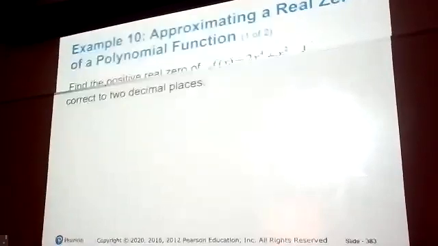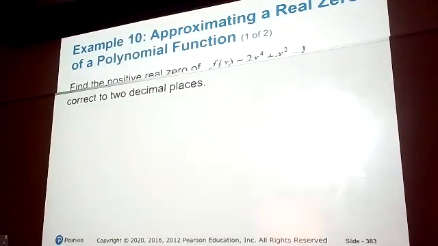Now, find not the positive real 0, but a positive real 0 of f of x, the same function they gave us before. Okay.